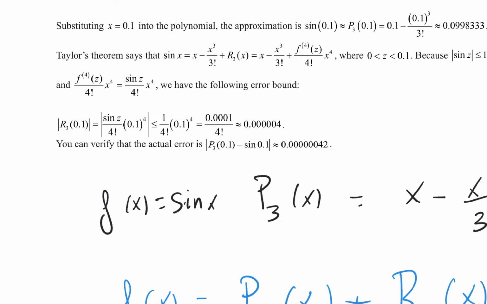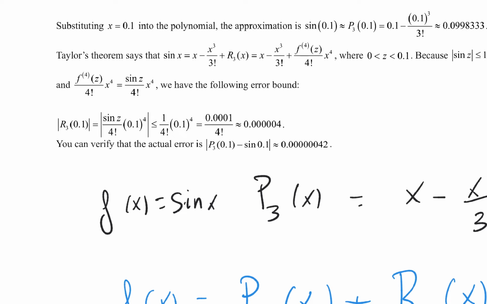The error is on the digit 1, 2, 3, 4, 5, 6. The error is here on the 3. Wow. Good approximation.